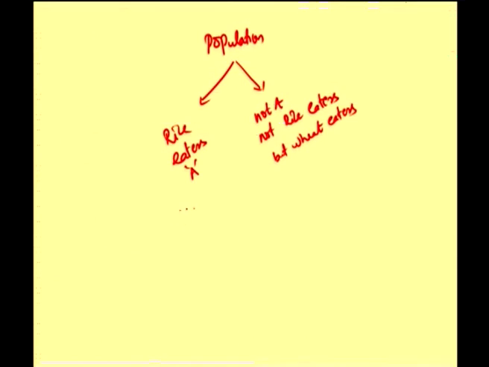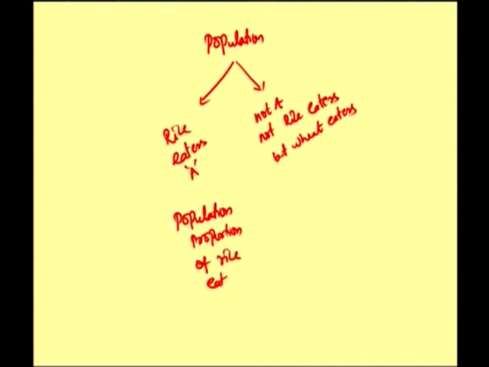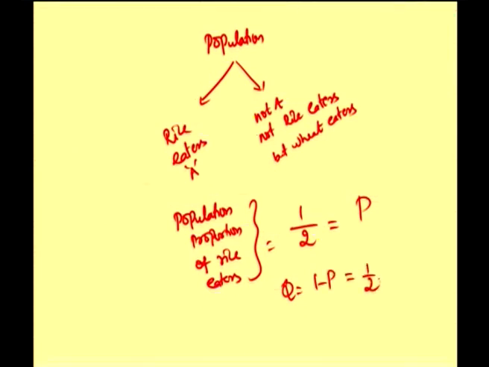So, since the population is divided into two parts, the population proportion of rice eaters will be 1 by 2, and this is represented as capital P. So, capital Q is equal to 1 minus P is equal to 1 by 2.